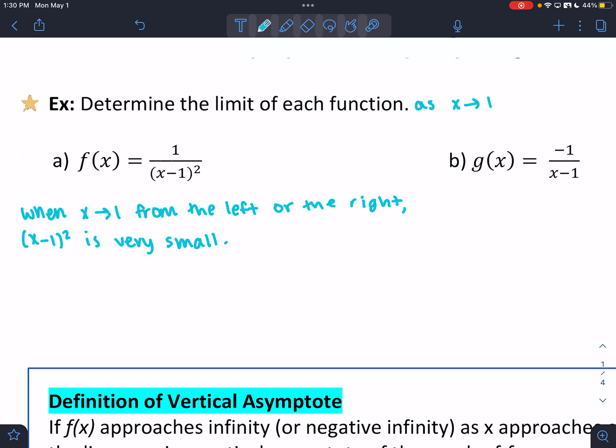So the quotient 1 over (x minus 1) squared is a large positive number, because of the square, as x approaches 1 from either side.